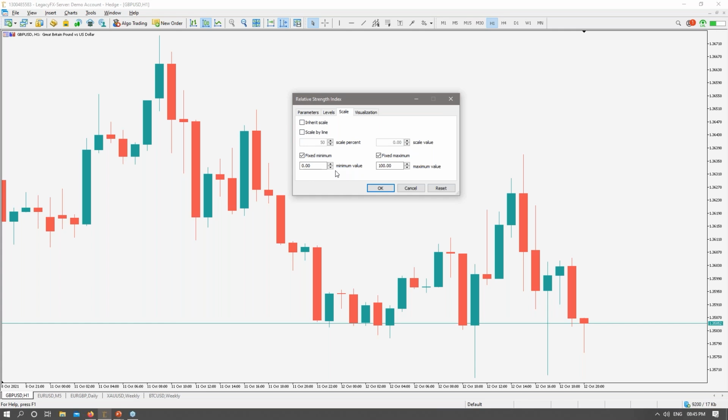This is for some specific things like commodities maybe, or maybe crypto, where you want to have a much larger maximum and minimum value because they tend to overbuy and oversell a lot longer than usual. Because that's what you're doing, right? You're trying to find the oversold and overbought moments.